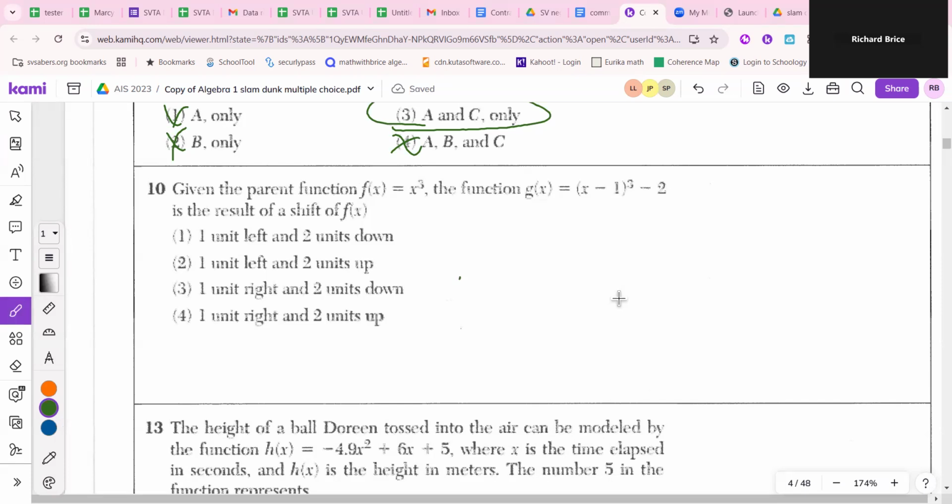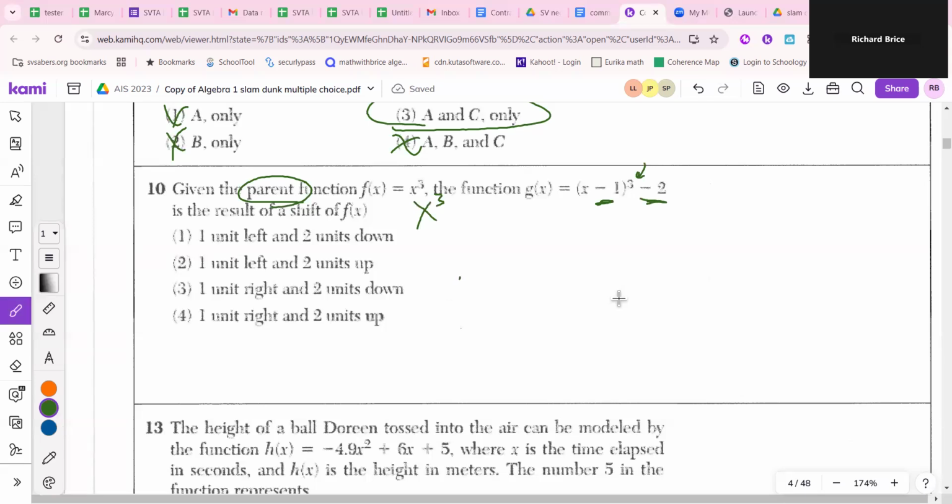Given the parent function f of x equals x cubed, the function g of x equals (x minus 1) cubed minus 2. So that's an exponent of 3. We start with the parent function and we do some stuff to it.